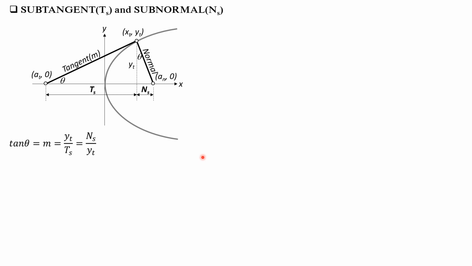So T sub S has two formulas: the absolute value of y_t over m, and it is also equal to the absolute value of x_t minus a_t.